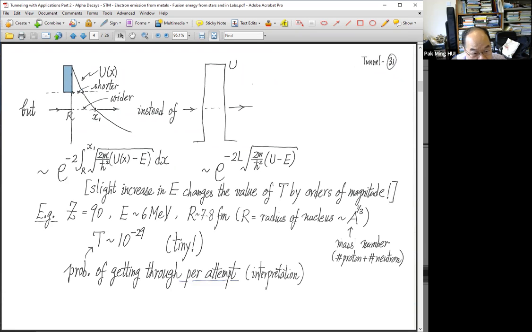Okay, so this is the energy deficiency, and then you have to integrate from the starting point to the corresponding width of the barrier. Both factors will help to increase the transmission coefficient by many orders of magnitude. Okay, so now let me give you some ballpark range.